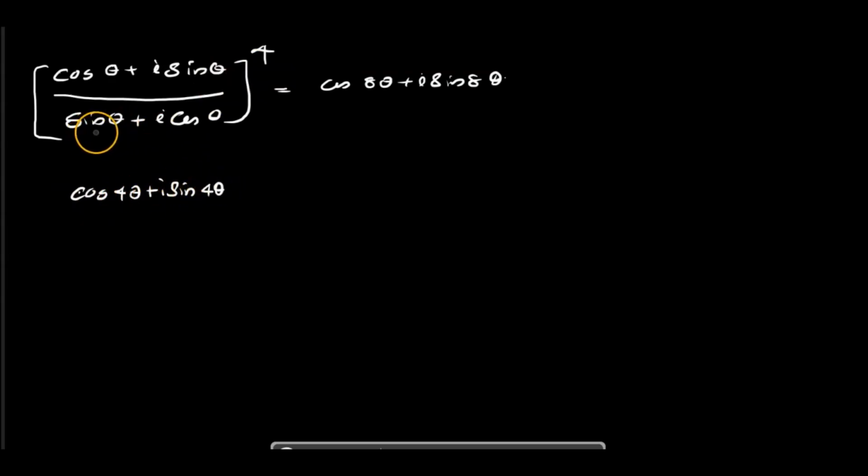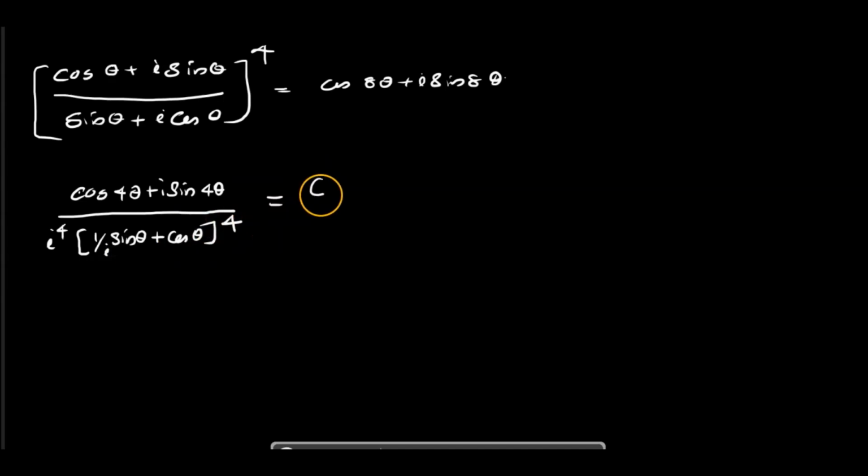And the denominator is in the form sin theta plus i cos theta. So take i outside. I outside means all power 4, so i raised to 4 outside. Now 1 by i sin theta plus cos theta, all power 4.